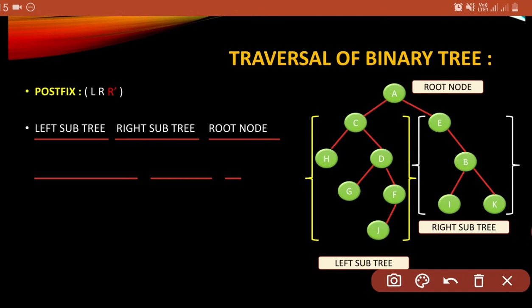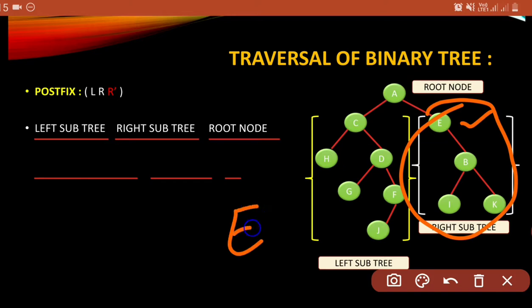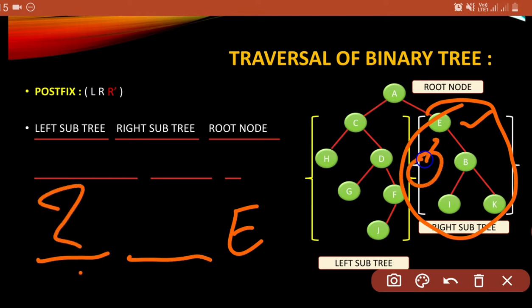Maybe you can find it complicated, but if you try to do it, you can definitely do it. If I'm talking about the right subtree, how am I going to deal with it? Every right subtree contains a node, that is the root node. In last, firstly we have to deal with left and then right. We are not having left here.